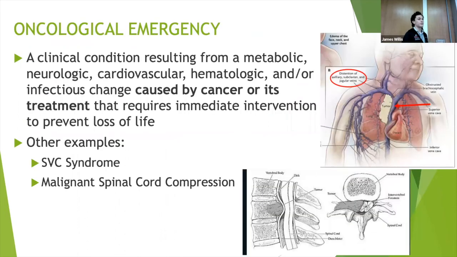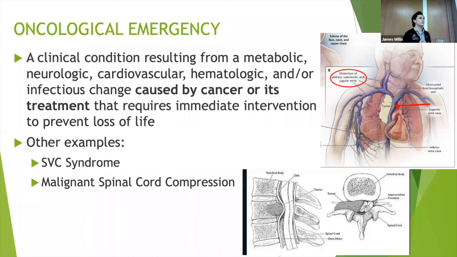But my point for this is understanding what an oncological emergency is. Oncological emergencies are clinical conditions resulting from a metabolic, neuro, cardio, or hematologic or infectious change caused by the cancer or its treatment that requires immediate intervention.